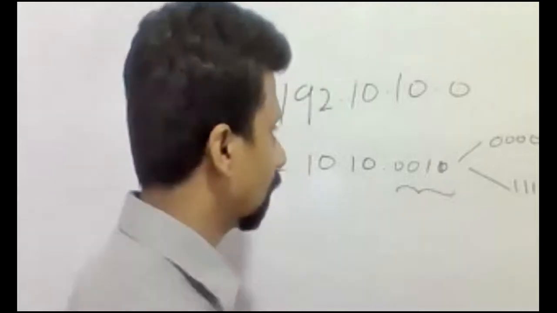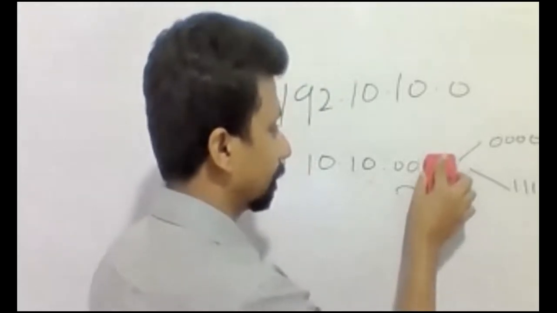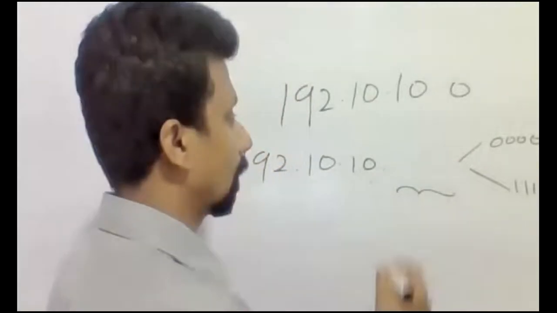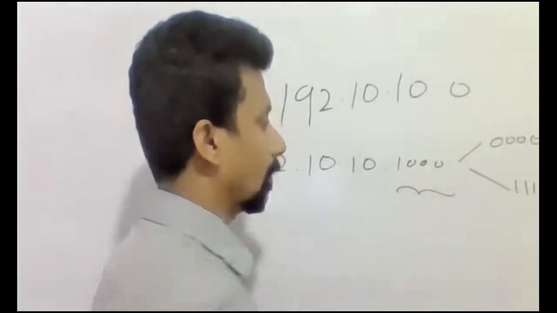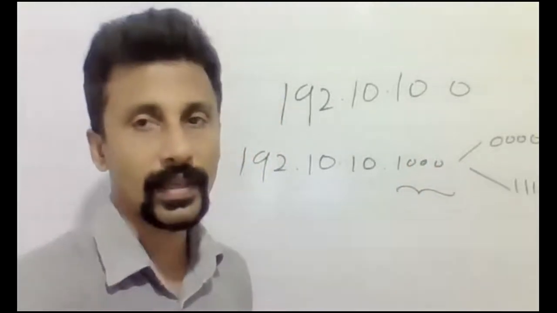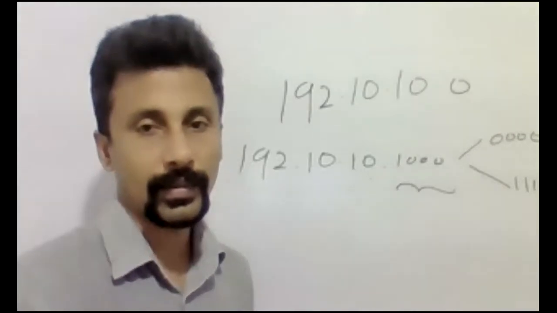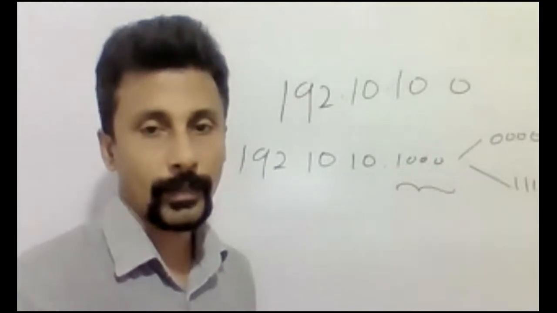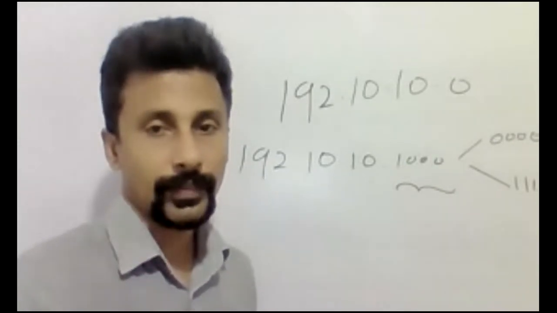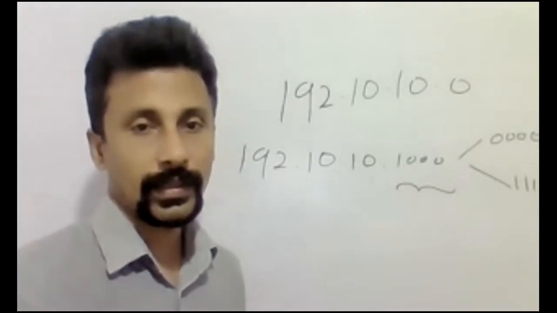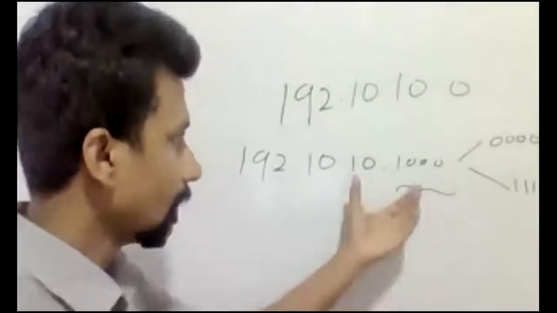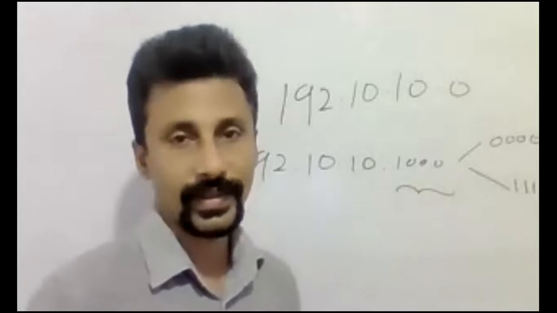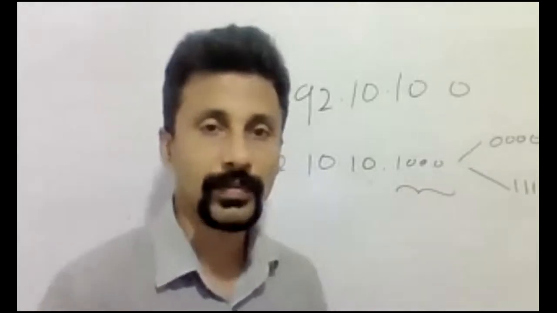So they are asking the ninth one. According to this, this is 8. Then for the ninth one, the bit pattern value should be 8, because we are starting with 0.